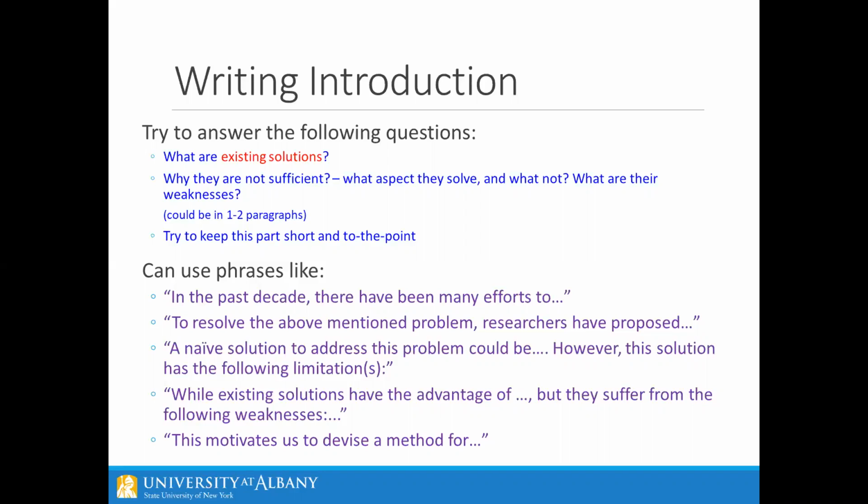For a problem, there could be multiple aspects to solve. Some aspects might have been solved, some are not solved, and they can be explicitly put in the report.